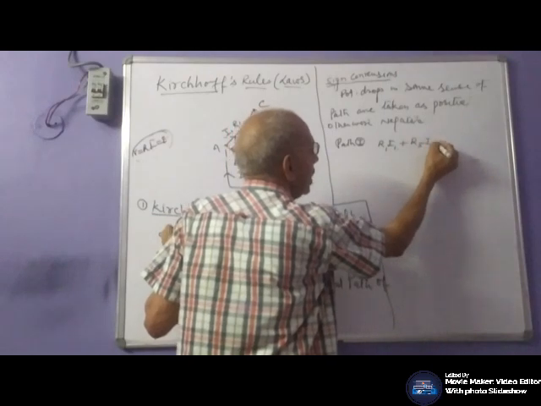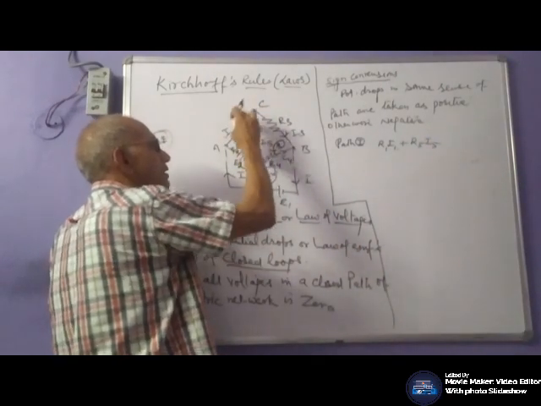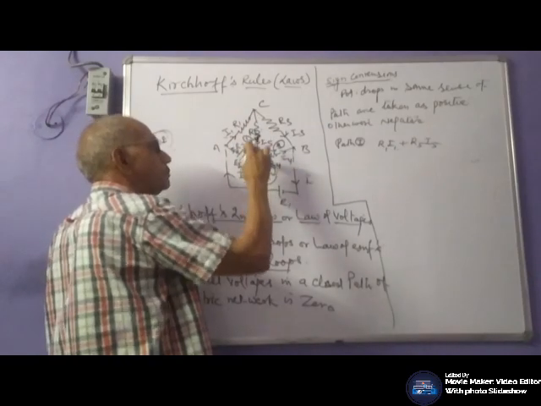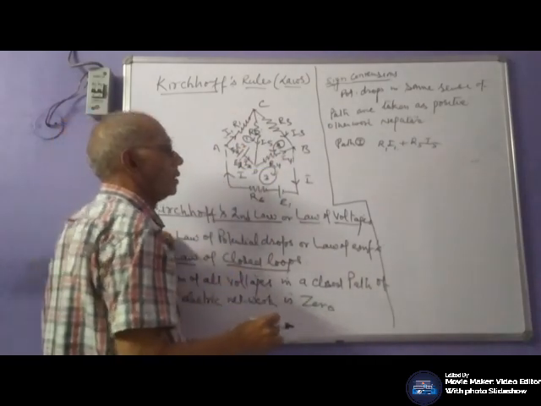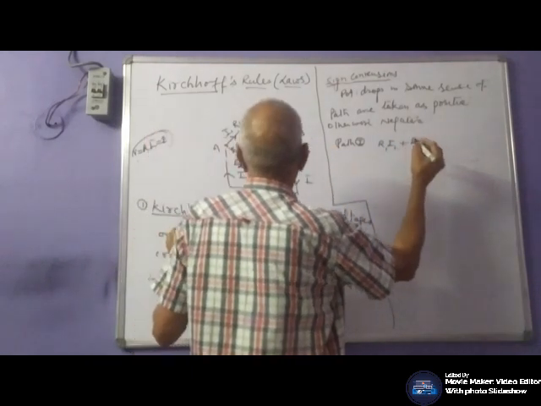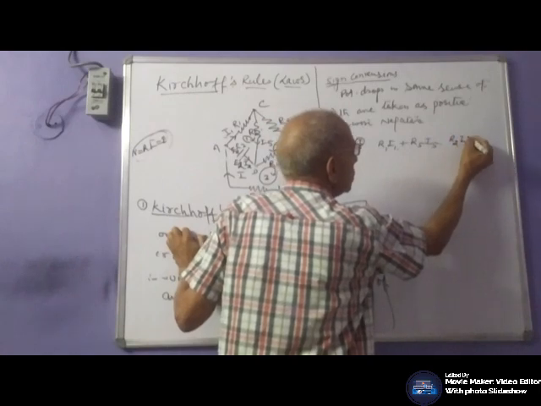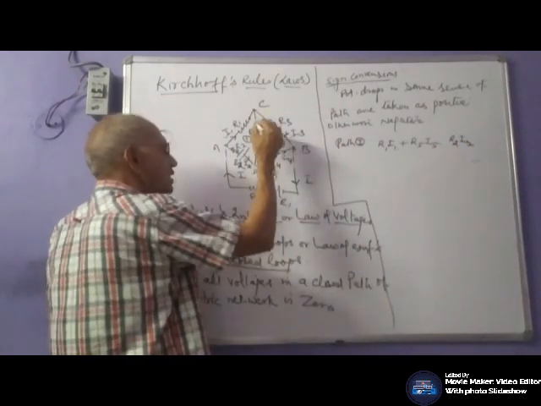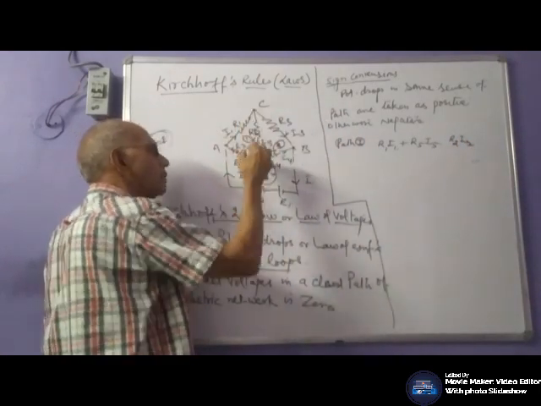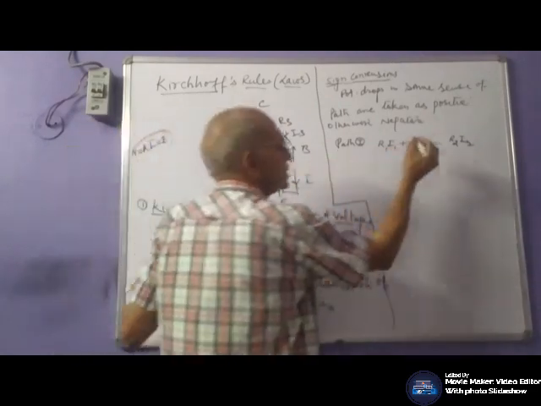R5, I5: same sense, this current tells. This is the path C to D. R2, I2: this is the path, this is voltage, opposite sense.